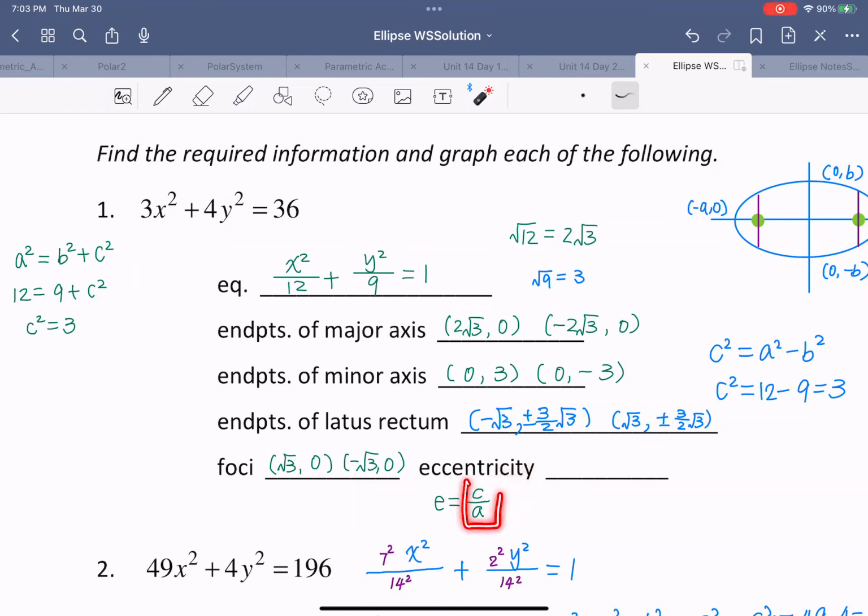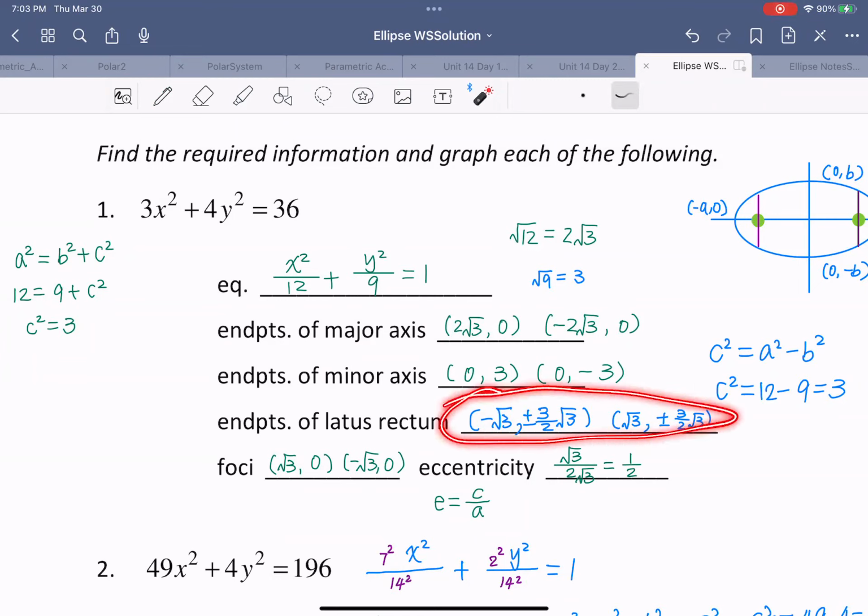So the eccentricity for an ellipse is always between 0 and 1. What is c? C is square root 3. A is 2 times square root 3, right? Yes. So this eccentricity is 1 over 2. Okay?